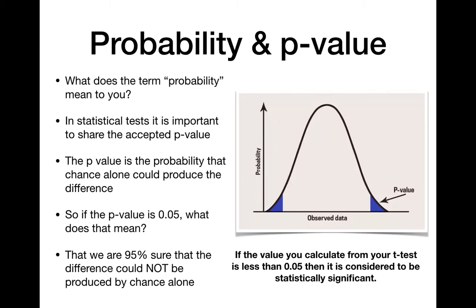So if you have your observed data here, you're allowed to have some off ones here and here. Those are going to be your p-value. Those 5%, 2.5% on each end, could be caused by something else, but you're 95% sure that this was caused by your independent variable affecting your dependent variable.